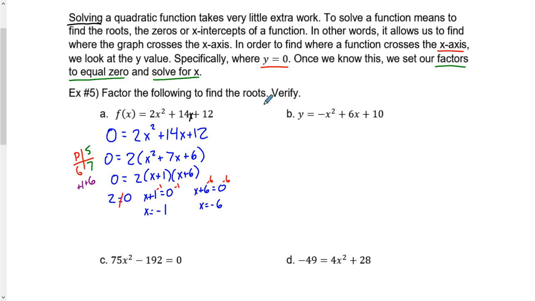Now to help verify, I like showing that, yeah, this actually works. Because if x equals -1, we're going to make sure that this equation actually works out. So we plug -1 for our x's.